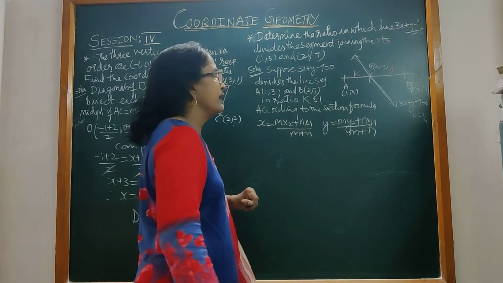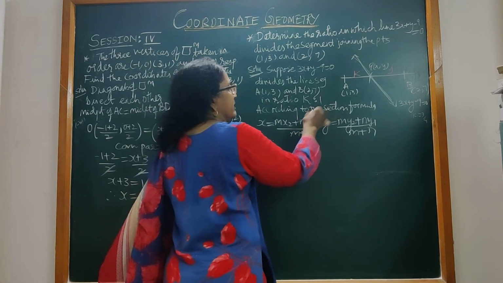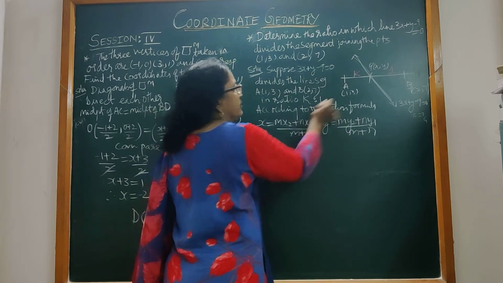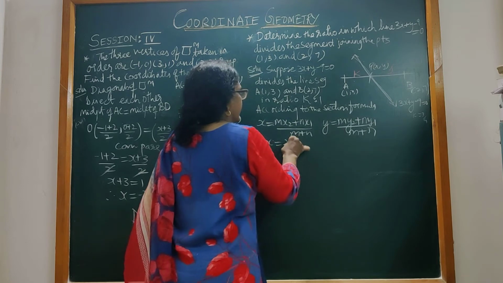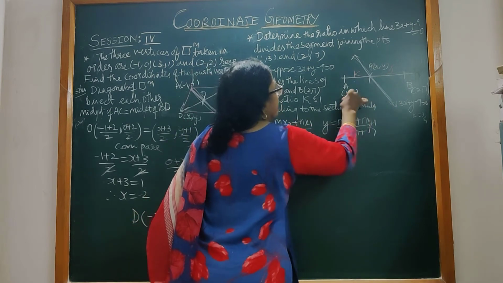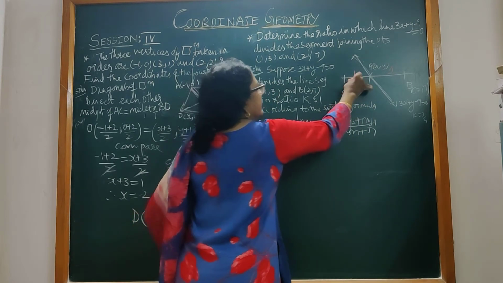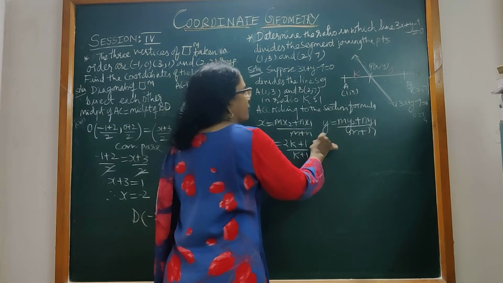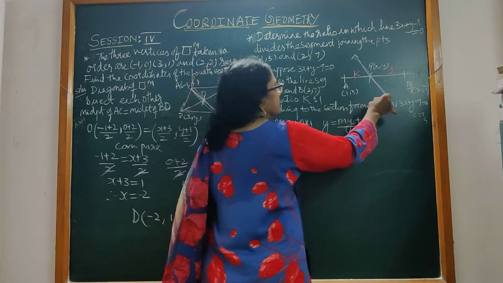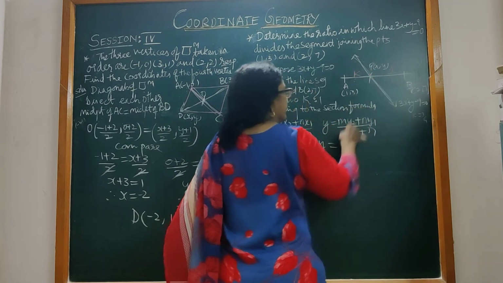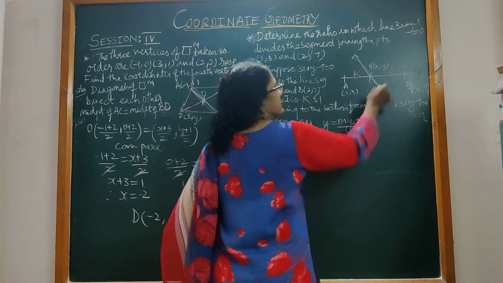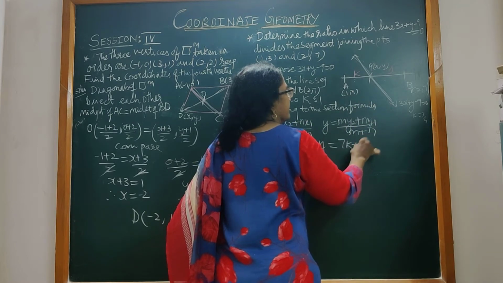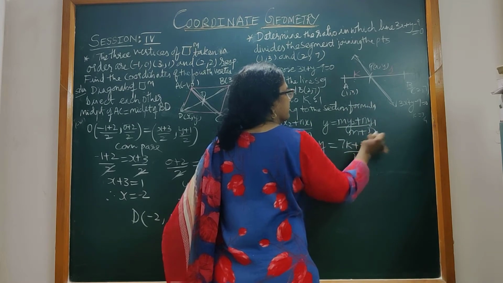Clear? Now we will find this. x is equal to (2k + 1)/(k + 1). Now y is equal to (7k + 3)/(k + 1).